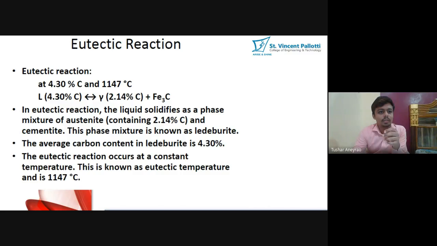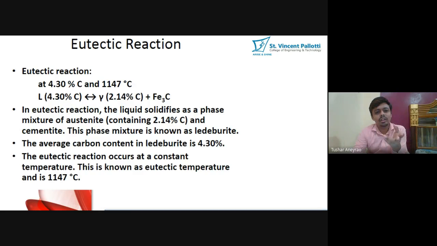What are the things that are happening? Liquid at 4.3% carbon, this reaction is there in both ways. If you are increasing the temperature, the austenite plus Fe3C is getting converted into liquid, and if you are decreasing the temperature, then liquid is getting decomposed into austenite plus cementite.